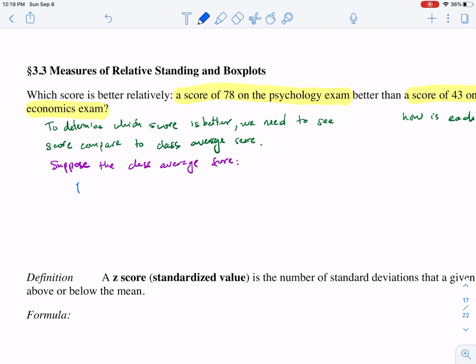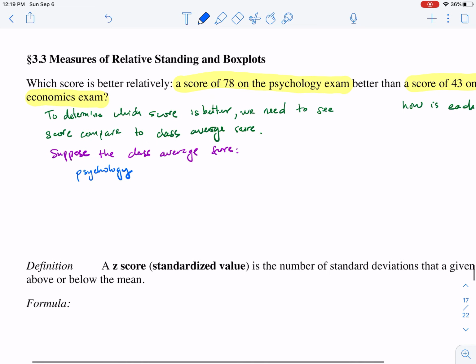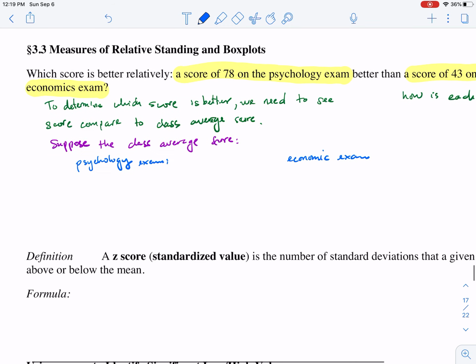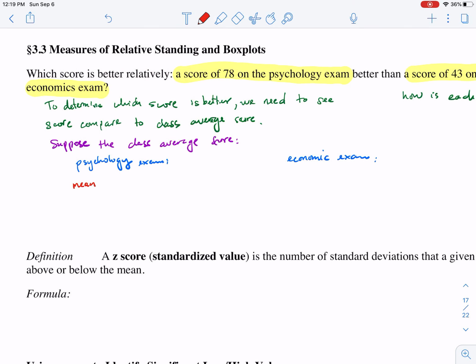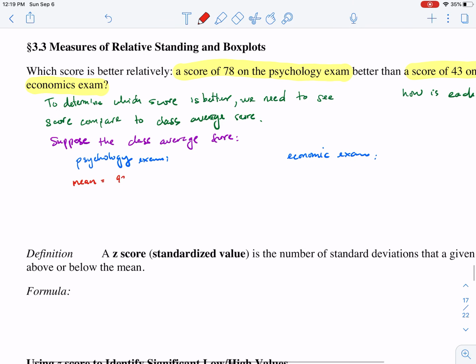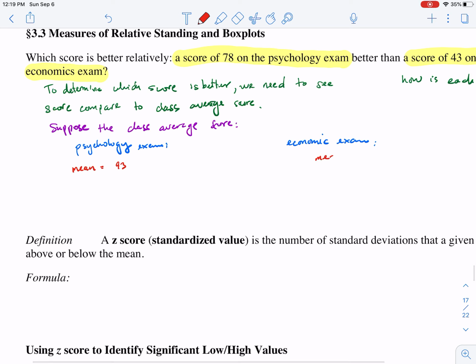We have the psychology exam, and then we have the economics exam, and suppose we're given that the mean is 93 here, and over here the mean is 53.